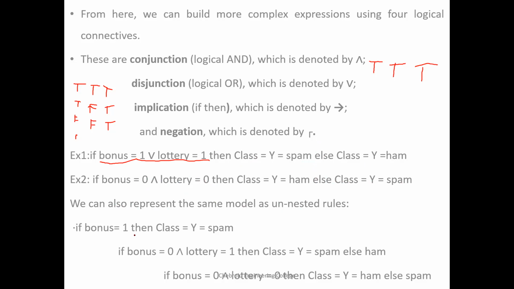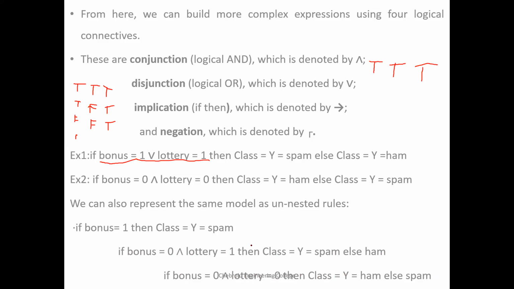If bonus equal to 1, then class Y is equal to spam. If bonus equal to 0 and lottery is equal to 1, then class Y is equal to spam, else ham. If bonus equal to 0 and lottery equal to 0, then class Y is equal to ham, else spam.